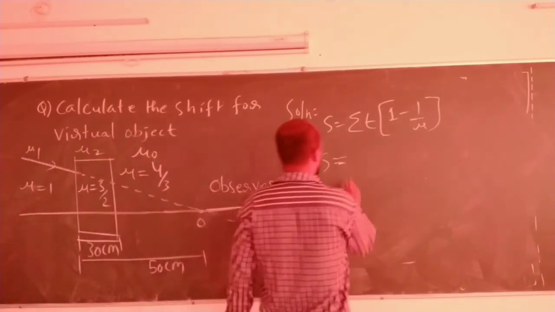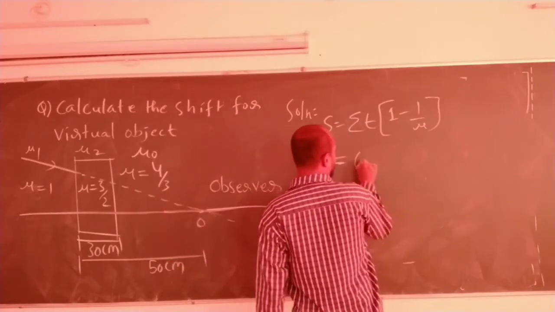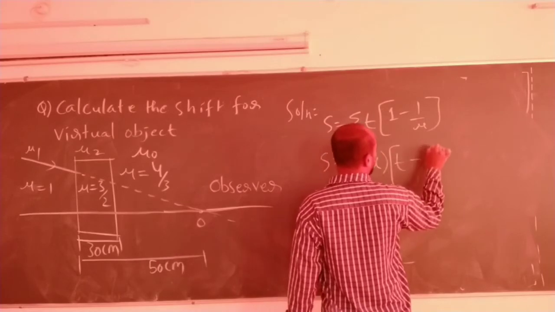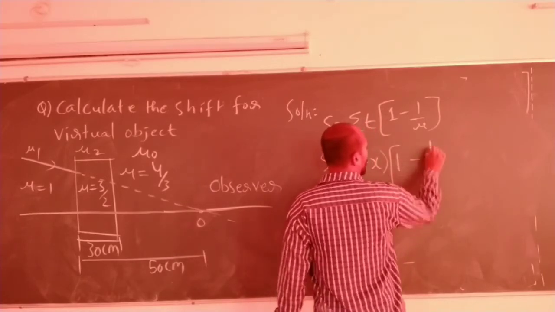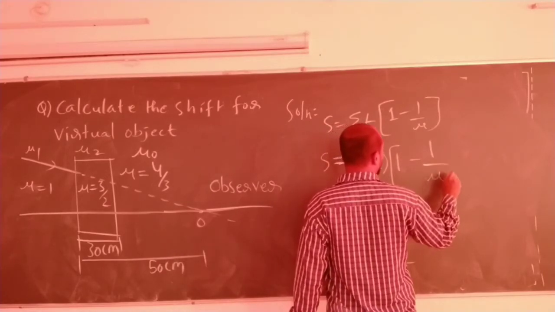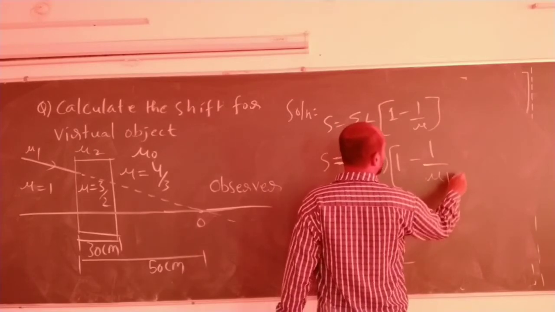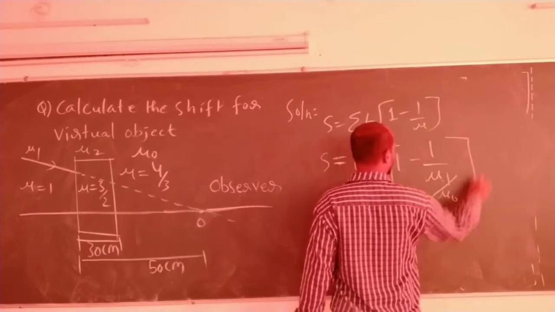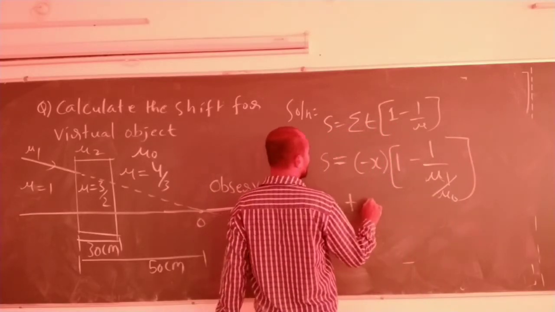Got it now? Since it is a virtual object, it will become minus x into 1 minus 1 divided by the refractive index of the first medium with respect to mu naught. Plus the second thickness.